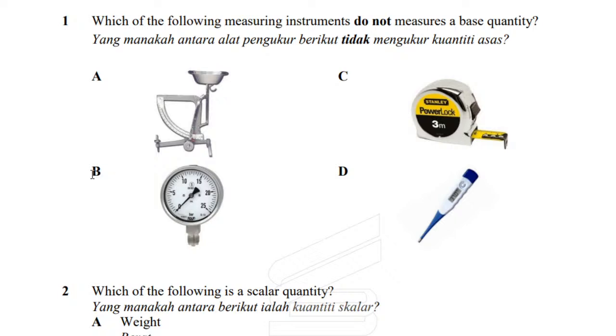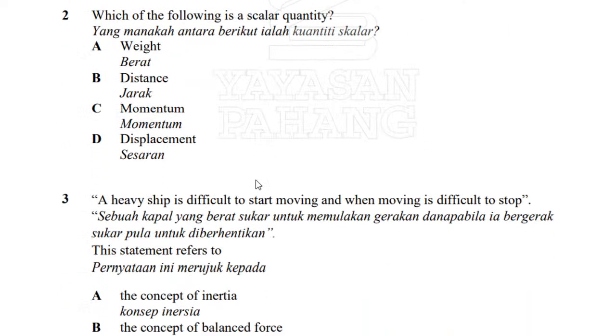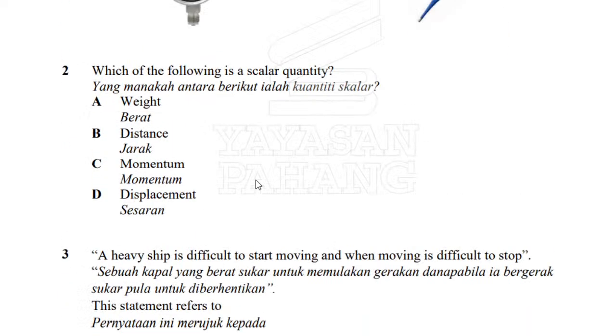Now we look at question number 2, scalar quantity. So what is a scalar quantity? Scalar quantity is a quantity that only has magnitude, no direction.